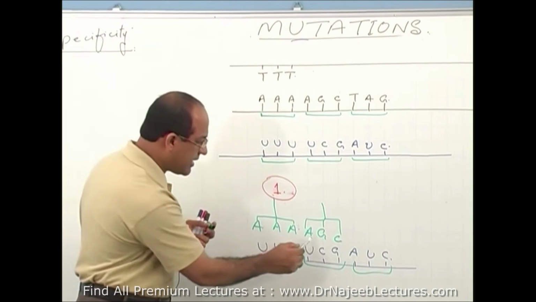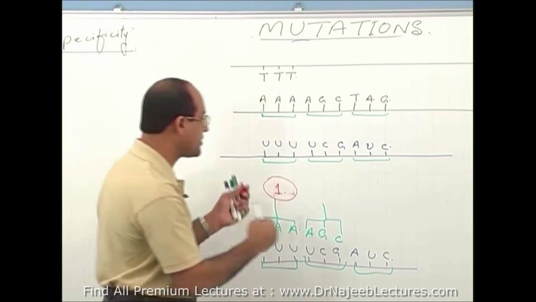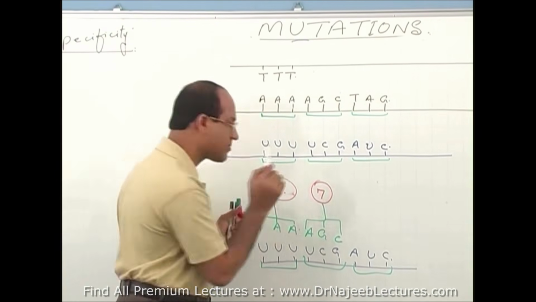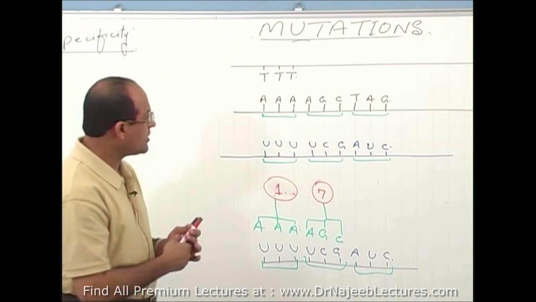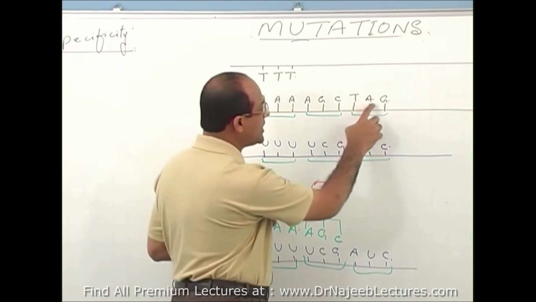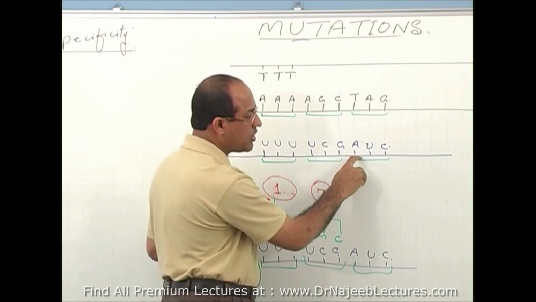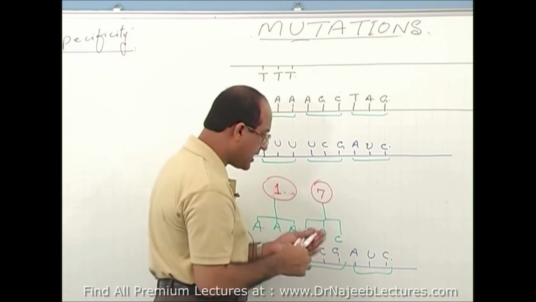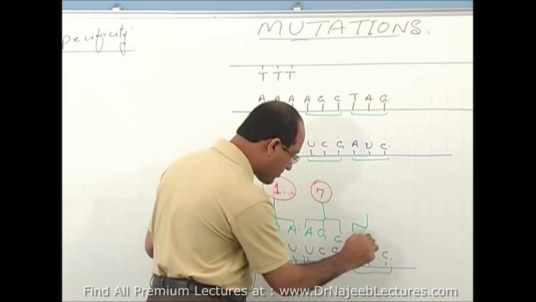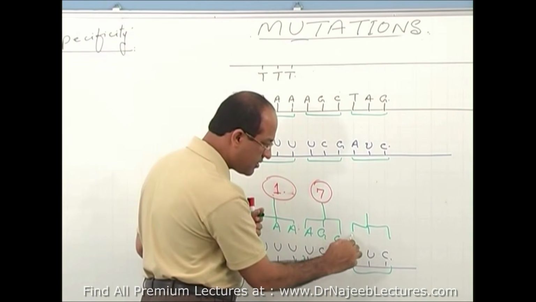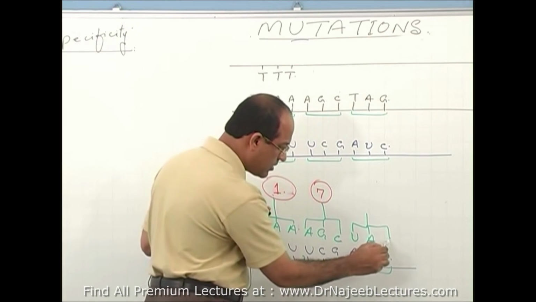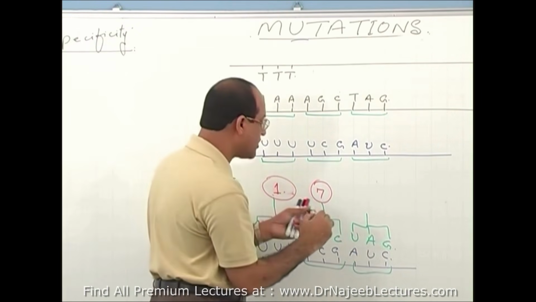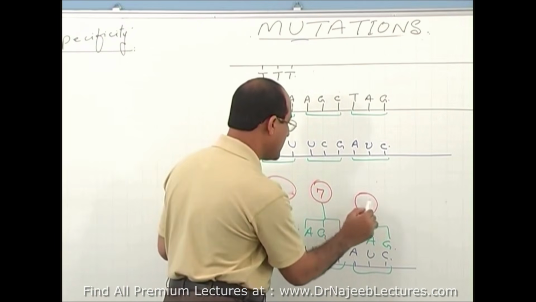And whenever AGC is there, it is amino acid number suppose 7. Right? In the same way, when there is TAG, codon in the messenger RNA AUC, then the anticodon will be UAG. And what could be here? Let's suppose amino acid number 3.